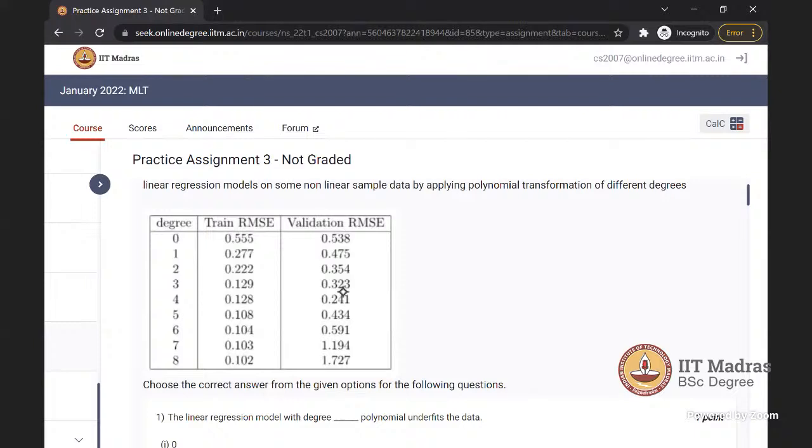The errors are high, so degree 0 is going to underfit. Great. Second one, we cannot take underfit because training is low where the validation is high. Training error is low, but the validation error is high. Is that what you're saying? Yes. But you can see for degree 0, train error is actually higher than validation error. Yeah, it's fine. Anybody else would like to take a guess at this?